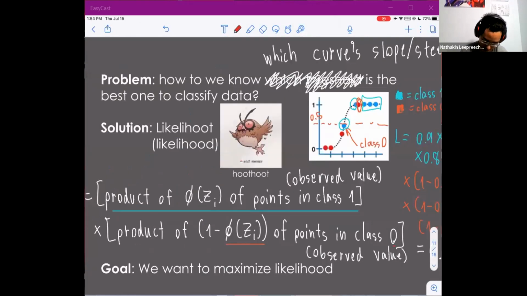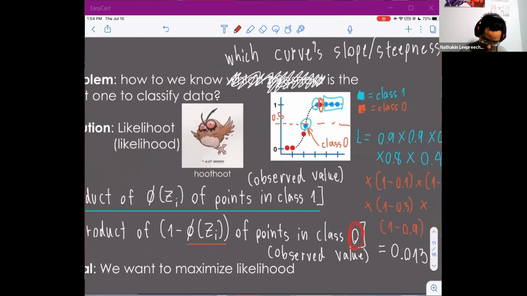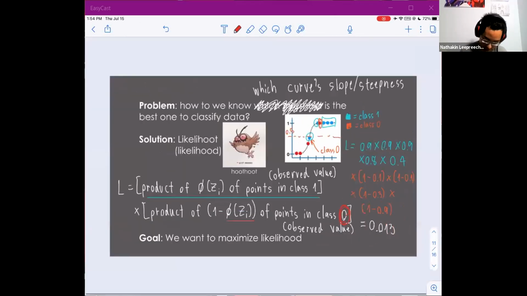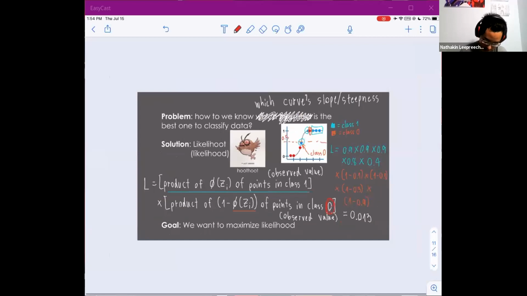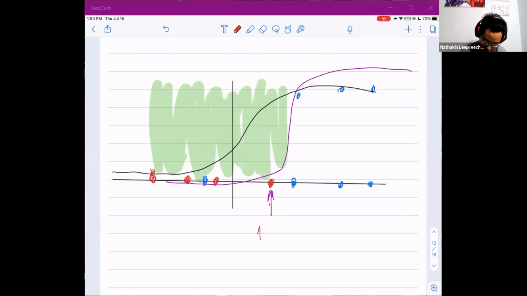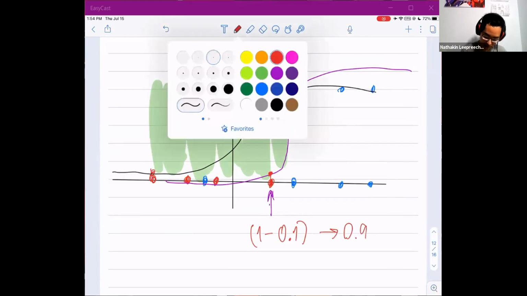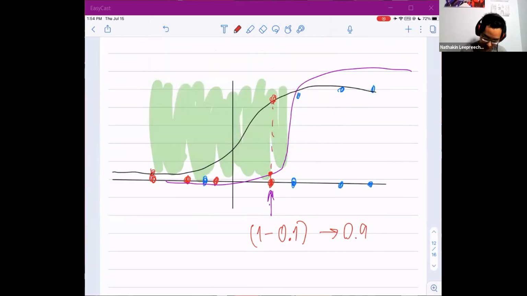get the product of 1 minus phi of that point. So if you keep using the purple line instead, you're going to get 1 minus. If you draw it up, it gives you like 0.1, which gives you 0.9, right? But if you don't modify the graph, you're going to project the line up to here, and that gives you like 0.9 instead.